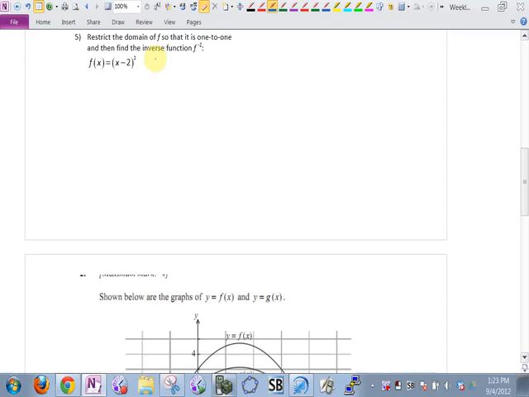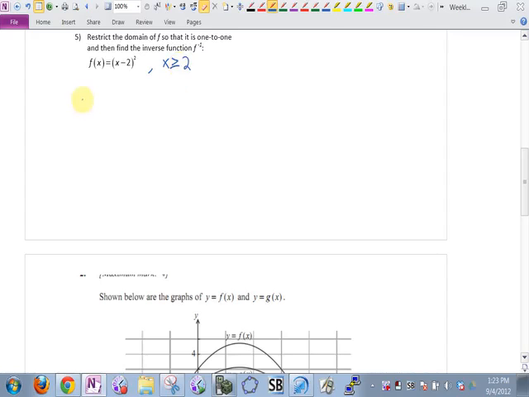But if I chop it right through its axis of symmetry, which is at 2, and then I pick a side, I could go greater than or equal to 2. I could go less than or equal to 2. Either half will now be 1-to-1. Which half should we do? And do the greater than? Sounds good. So if we restrict the domain to the only numbers greater than or equal to 2, it will now be 1-to-1 and will have an inverse function.